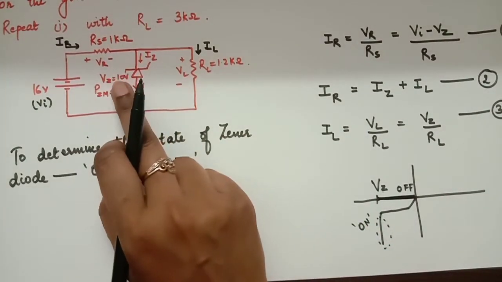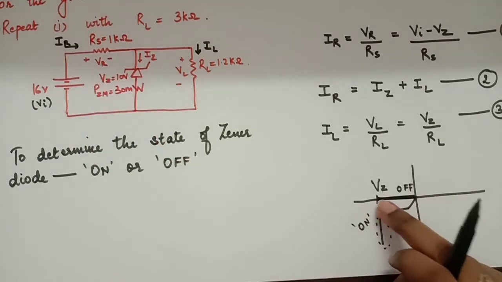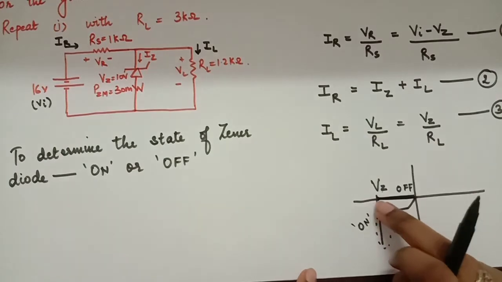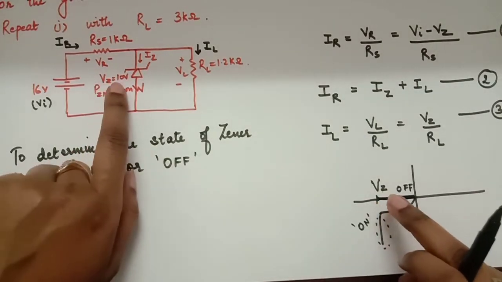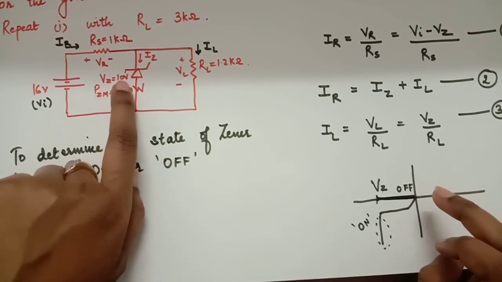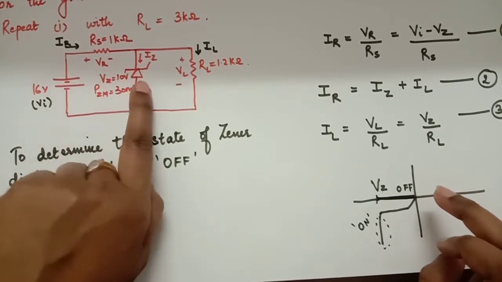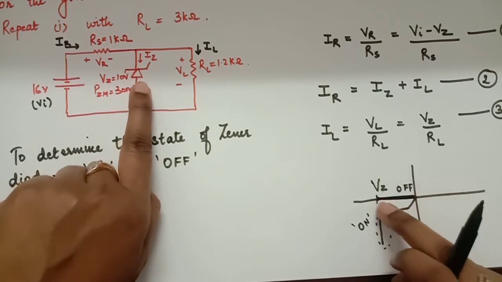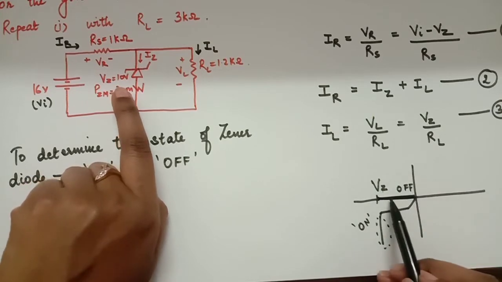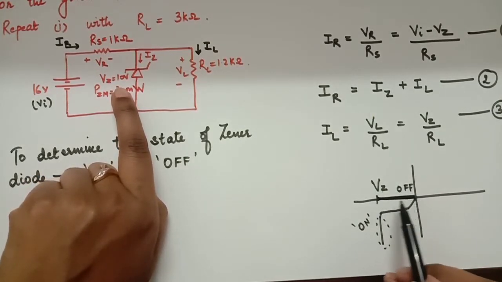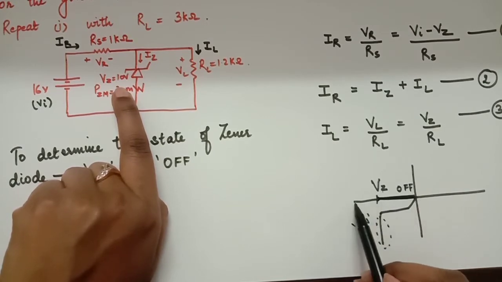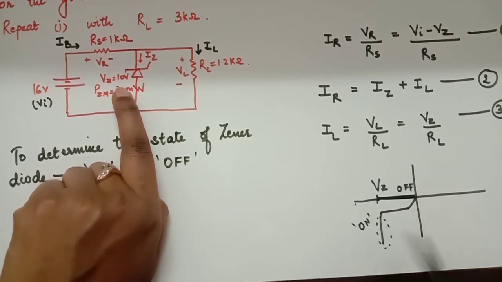Vz equal to 10 volt means that it will reach the breakdown region when the voltage across it is 10 volt. This 10 volt does not indicate that the Zener diode is having this 10 volt. We need to determine whether the voltage being applied to the diode has reached this 10 volt or not. If it has not reached 10 volt, that means it is less than 10 volts, then the diode is off. And if it has reached 10 volt or greater than this, then the diode has become on.